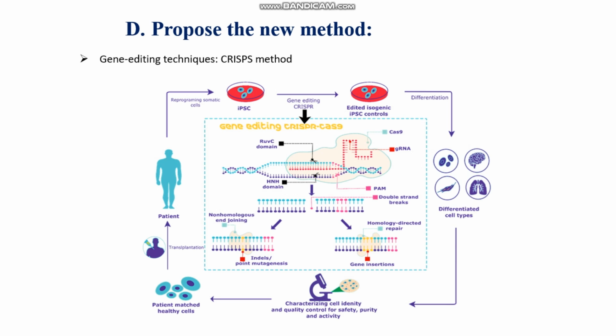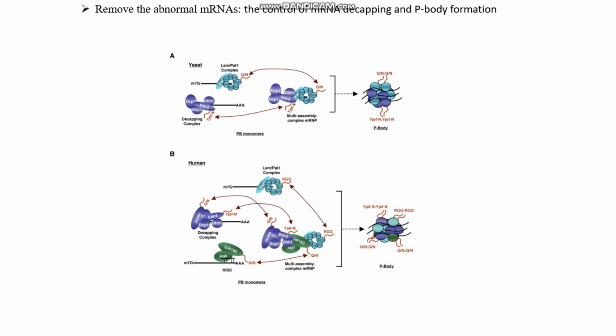The length of the segment genes that need cutting will be very large. On the other hand, mRNAs, after undergoing transcription processes, interfere with the production of many proteins. Therefore, scientists should consider removing these mRNAs from the human body by the control of mRNA decapping and P-body formation.